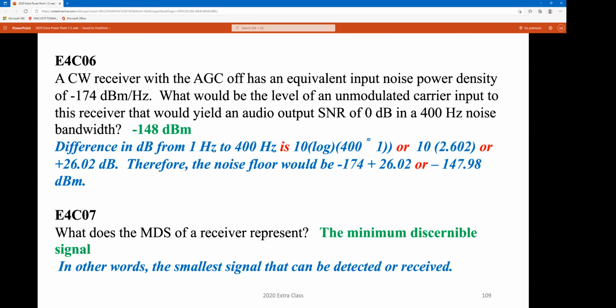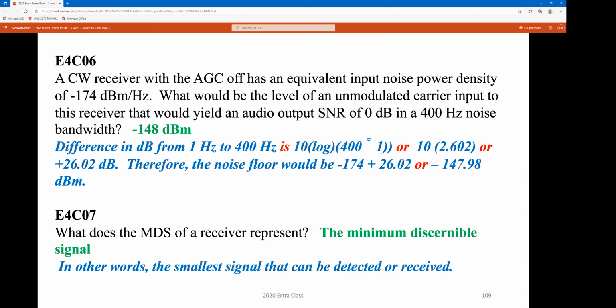So the formula would be 10 log of 400 over the one, which is coming from the 0 dB SNR, right? Correct. Okay. Then you add that to the original power density, and you get -147.9. Correct. Yes. Okay.